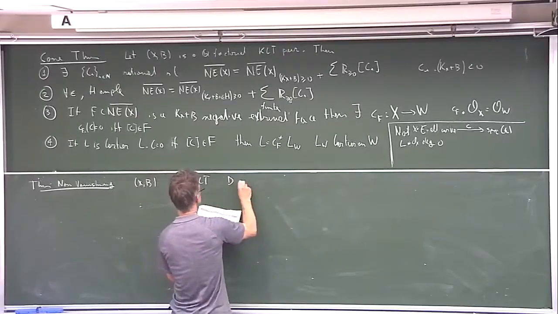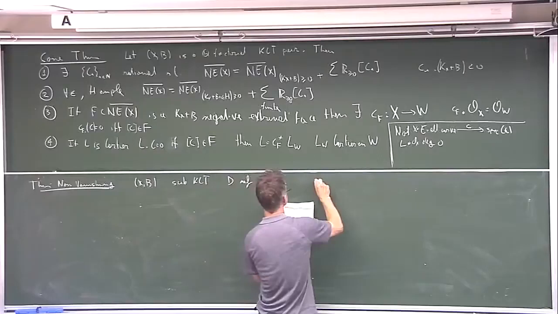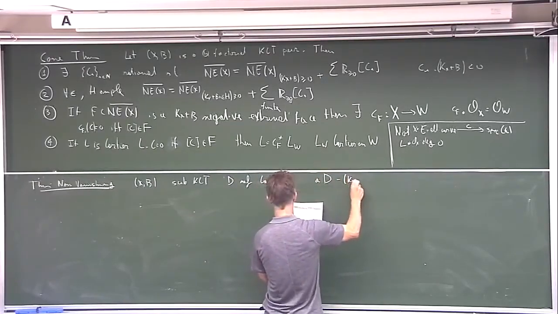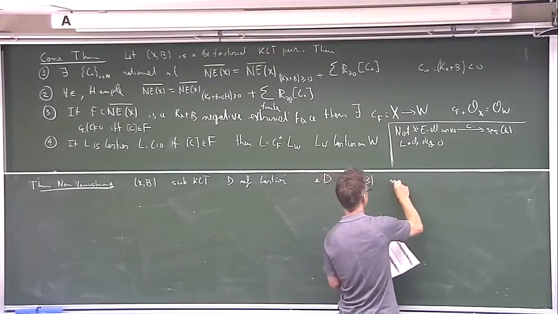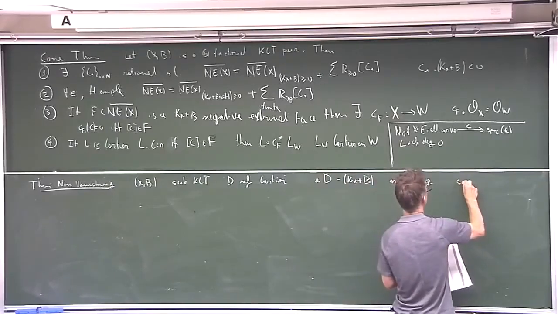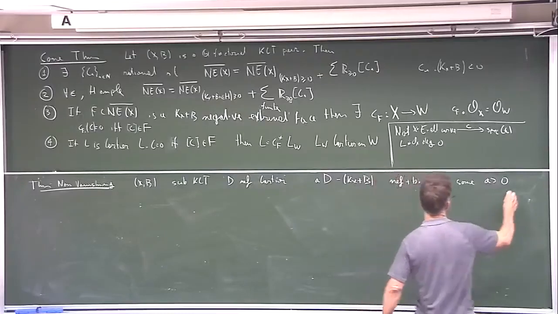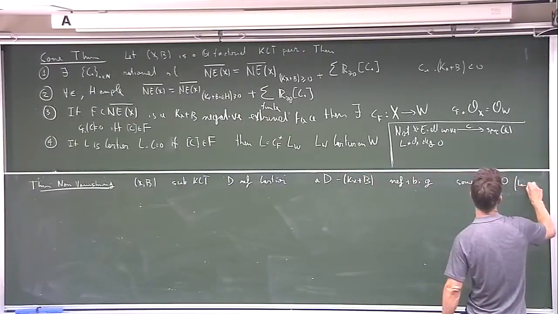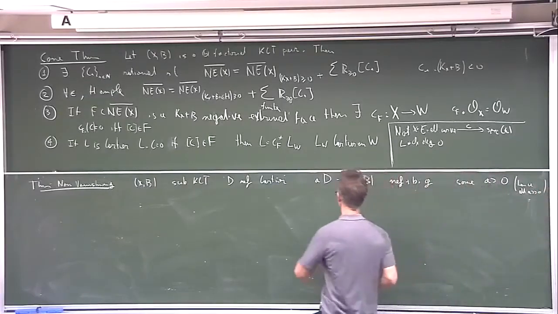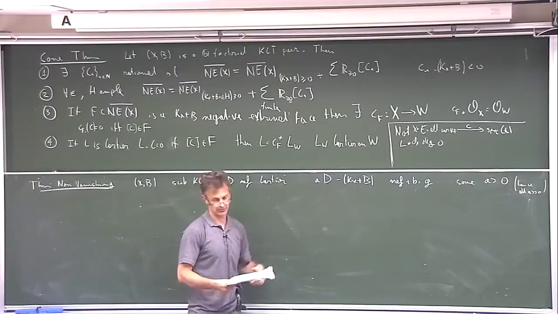And D is going to be an F Cartier divisor with the property that some multiple, a times D minus (K_X plus B), is nef and big for some a greater than 0, and hence for all sufficiently big a, because once this is nef for one a, since D itself is nef, it's nef for any bigger value of a.